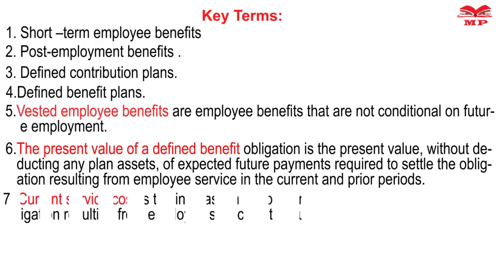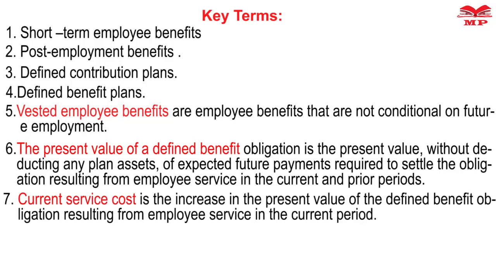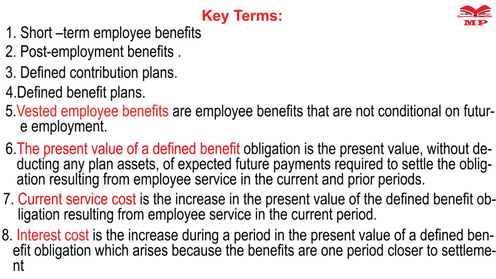We also have current service cost, which is the increase in the present value of the defined benefit obligation resulting from employee service in the current period. There is interest cost, which is the increase during a period in the present value of a defined benefit obligation, which arises because the benefits are one period closer to settlement.